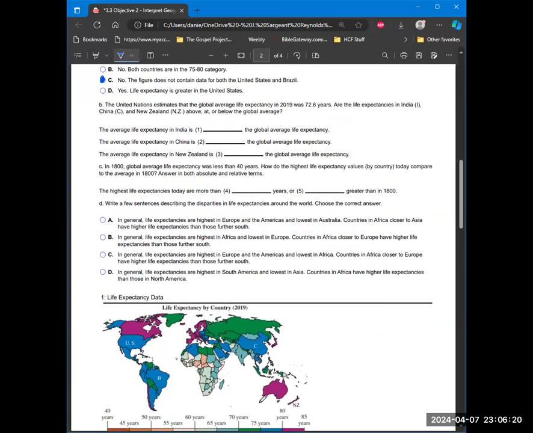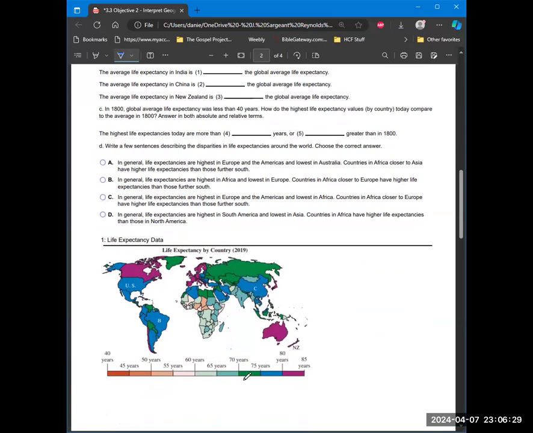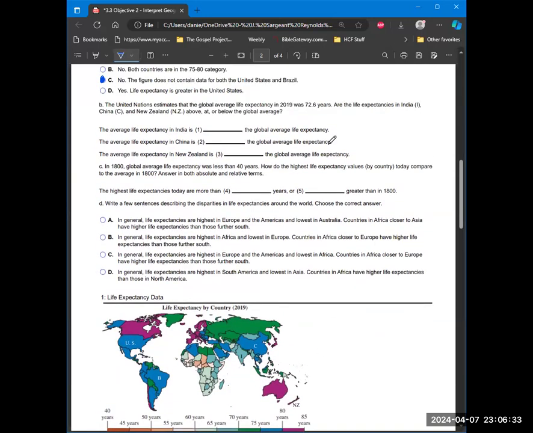The United Nations estimates that the global average life expectancy in 2019 was 72.6 years. So that's somewhere in here in the green, right? Are the life expectancies in India, China, and New Zealand above or below average? So let's look at India.